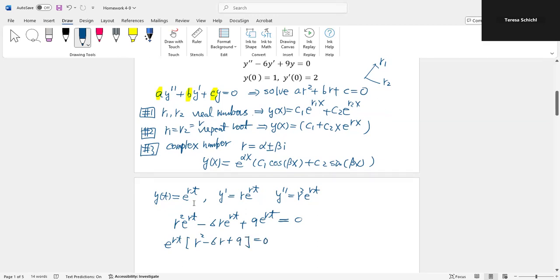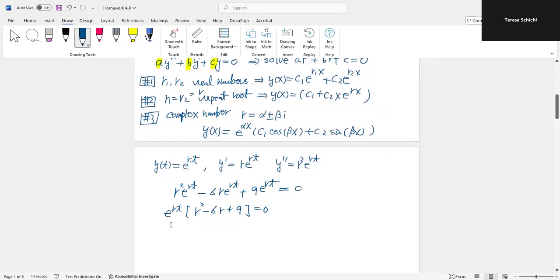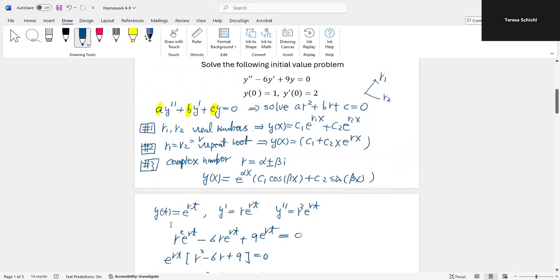That's because e to the rt will never be 0. So that's why we need to solve r squared minus 6r plus 9 equal to 0, and why basically we want to solve this quadratic form, right?